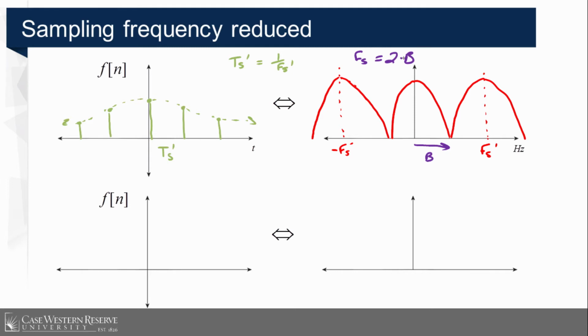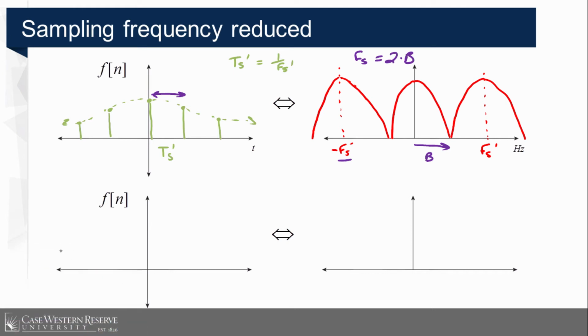So in this case, I've increased my sampling interval and reduced my sampling frequency so that my replicas are closer together. And in this case, they don't overlap, but they're just touching each other, these replicas in the frequency domain. So here I still have distinct replicas of my spectrum in the frequency domain, but just barely. And we could imagine getting to a point where I no longer have these distinct replicas in the frequency domain.